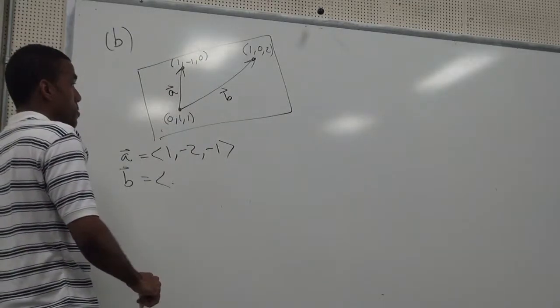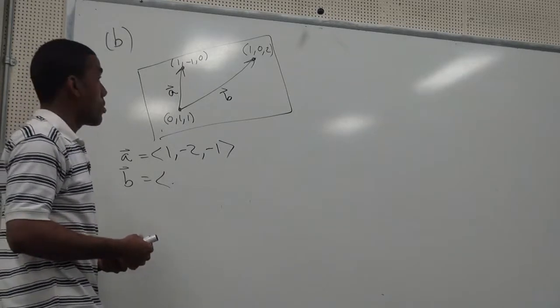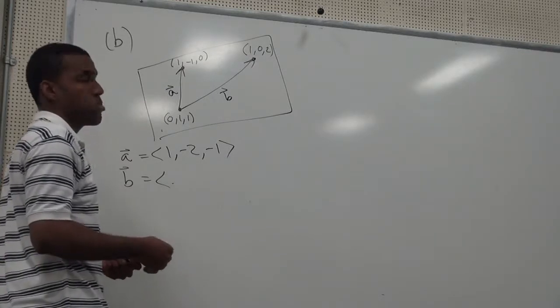You take the final points and subtract the initial coordinates; that's how we find vectors between 2 points. I have a question: it doesn't matter if we consider 0, 1, 1 the final point instead? Right, it won't matter.